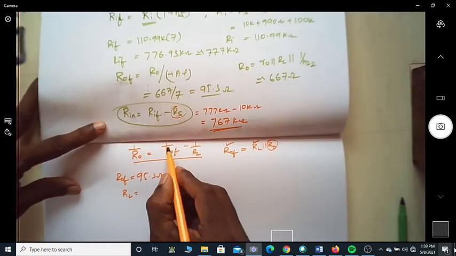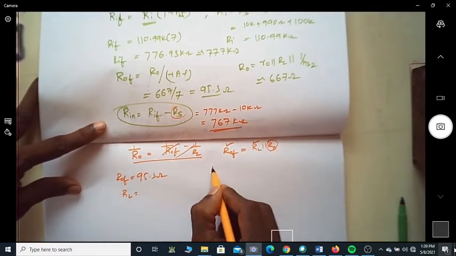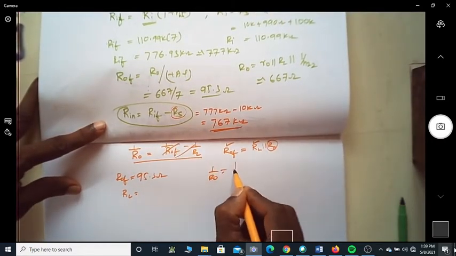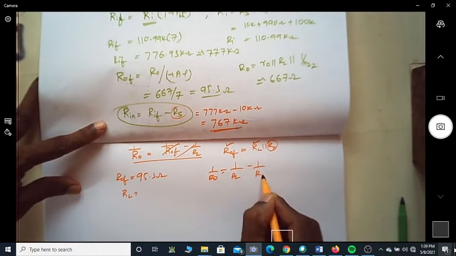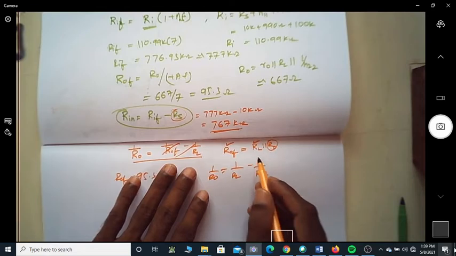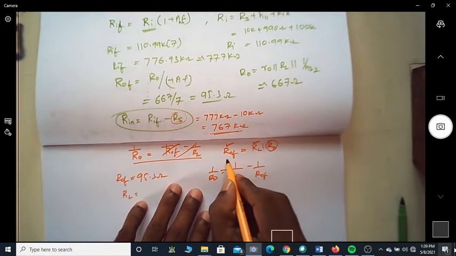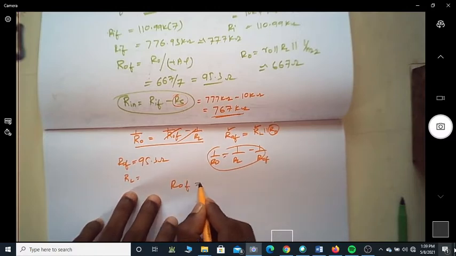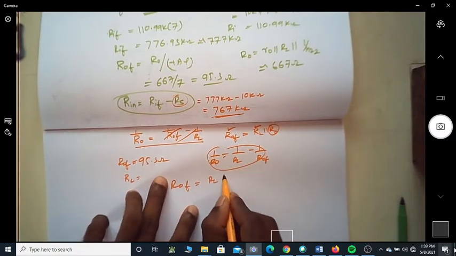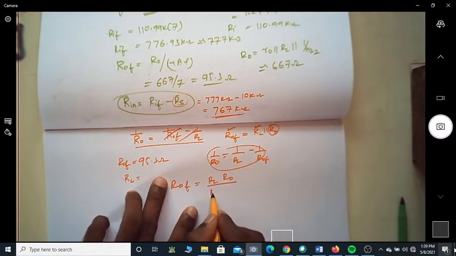Let me use this equation: ROF is equal to RL R naught by RL plus R naught.